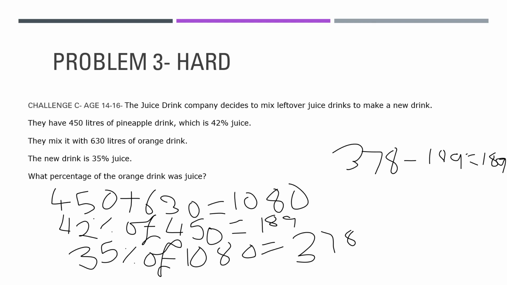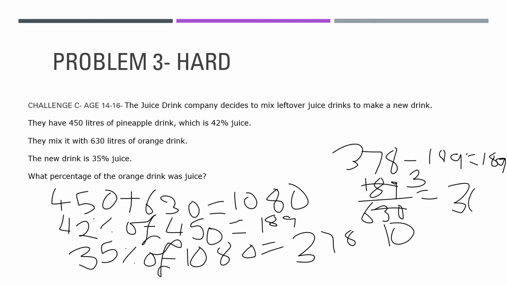So 189 liters of orange juice. So that's 189 by 630. Now, this might be a really big step, and you're probably going to do it simply, but we can do 189 divided by 63, and that gives us 3. And dividing 630 by 63 gives us 10. So that is 30%. And that is our answer.